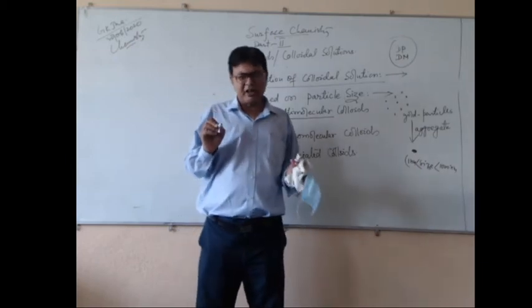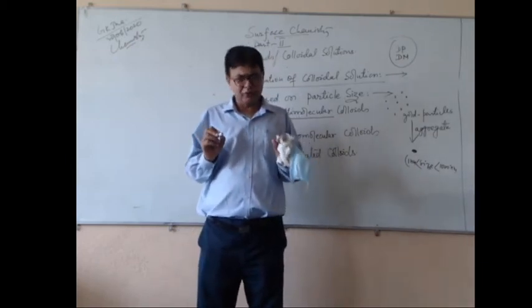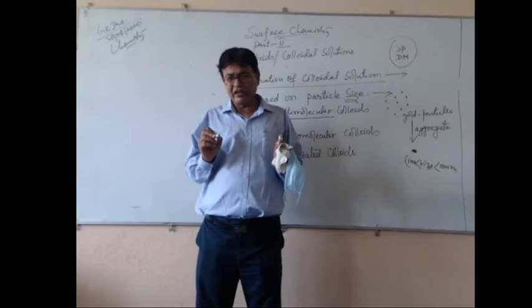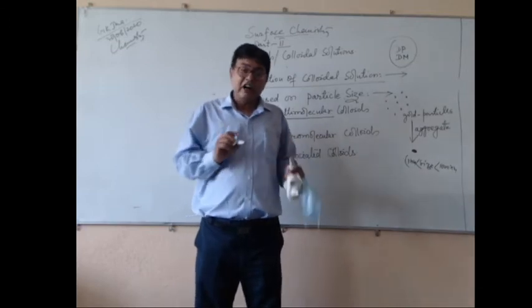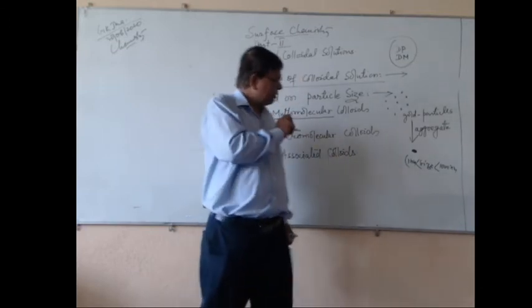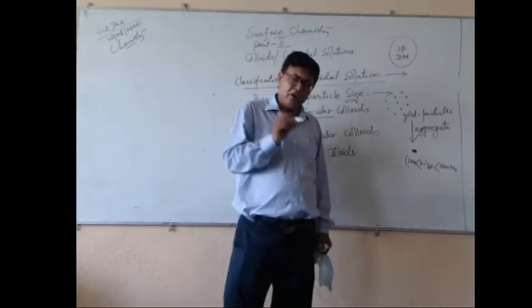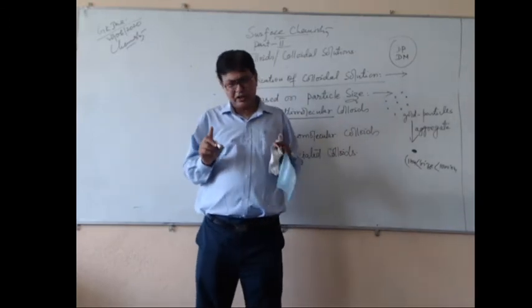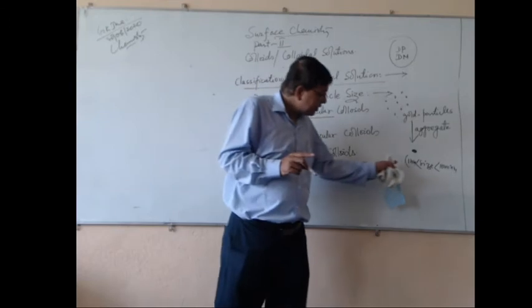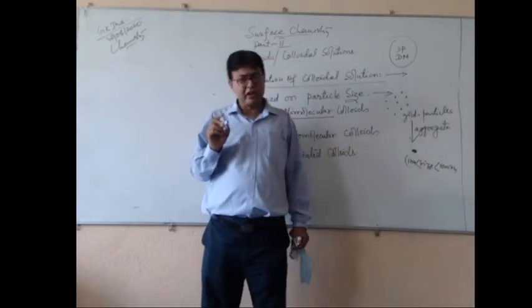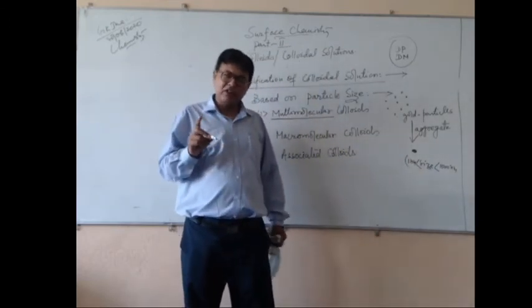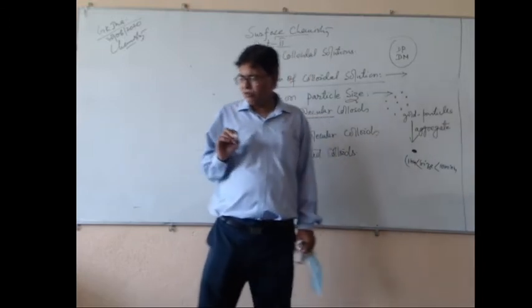Only the understanding should be crystal clear. You can write in your own language: so many molecules aggregating together to form a particle, the size of which falls within the colloidal range, that is, less than 1000 nanometer and larger than 1 nanometer.